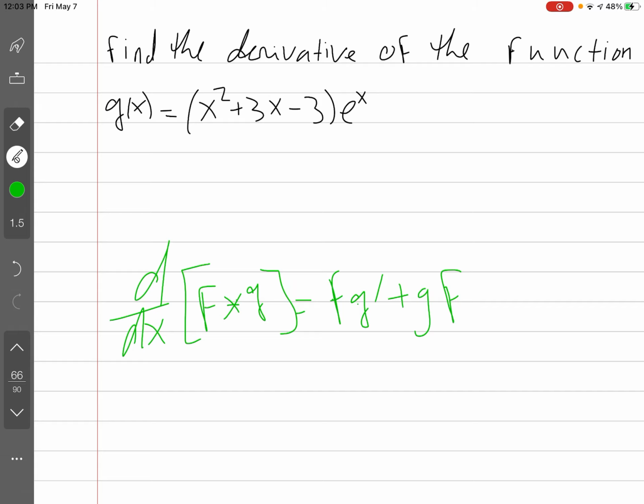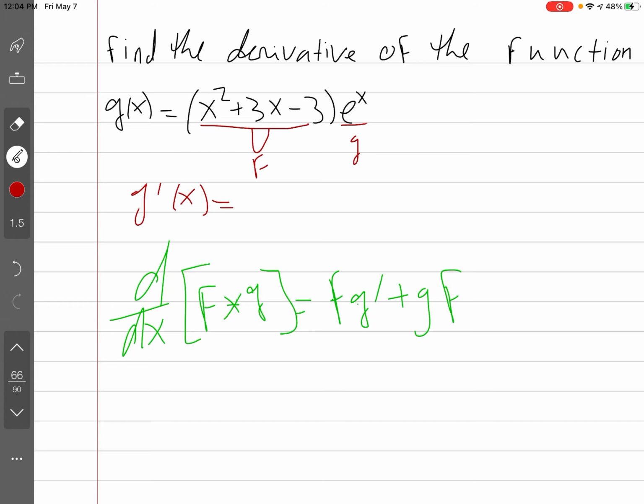In the bottom I'm gonna find g prime of x equals blank. So first of all, this column here is my f, and this is my g.